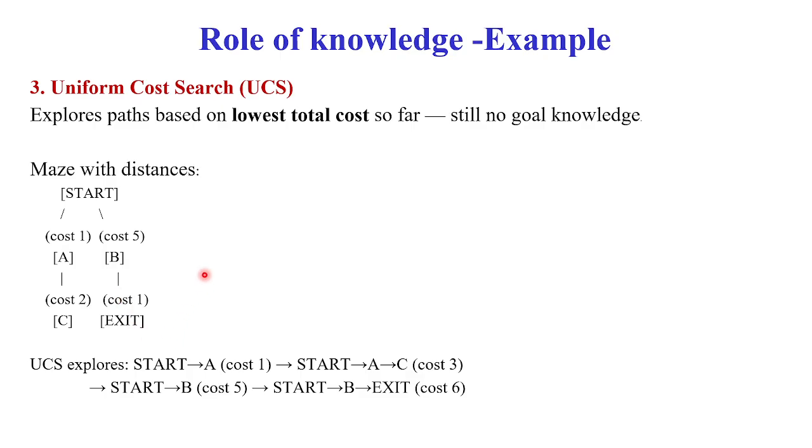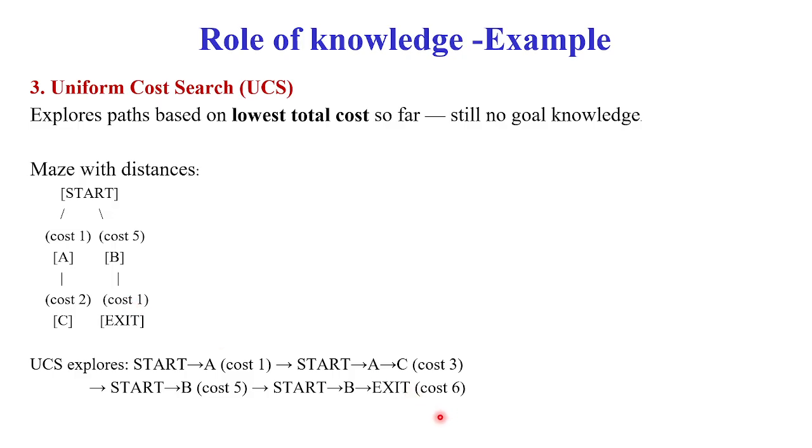So UCS always picks the cheapest frontier node. So it finds the way. How does it find the way? A to C at a cost of 3, before considering the exit at B, which is at a cost of 6.